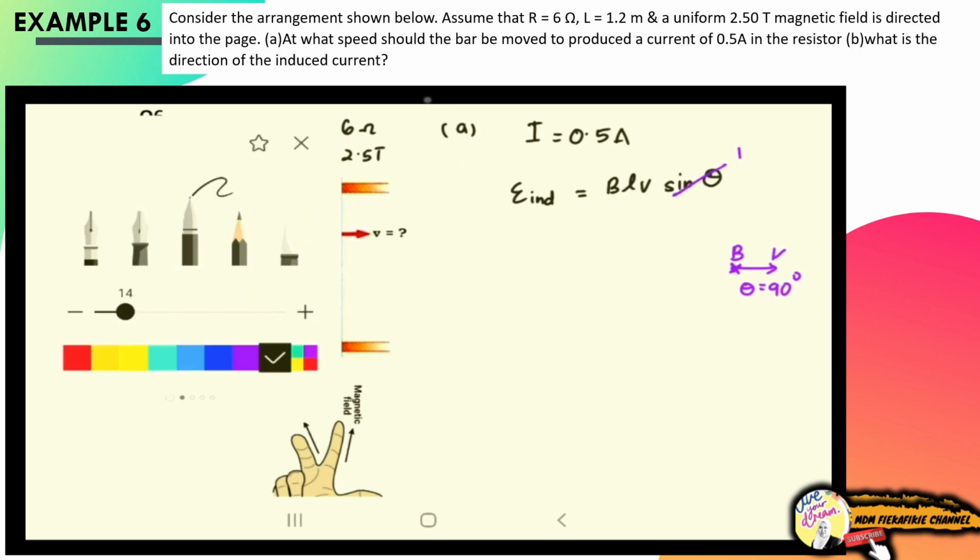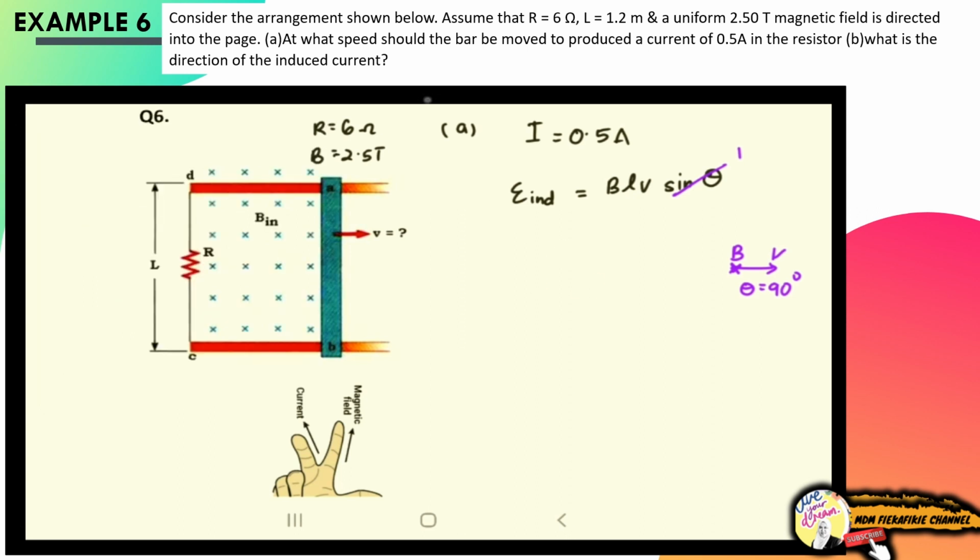If you look at this question, we cannot use this equation since we don't have the velocity V, and we don't have the induced EMF. We want to find V. But we are given the amount of the induced current and the value of resistance.